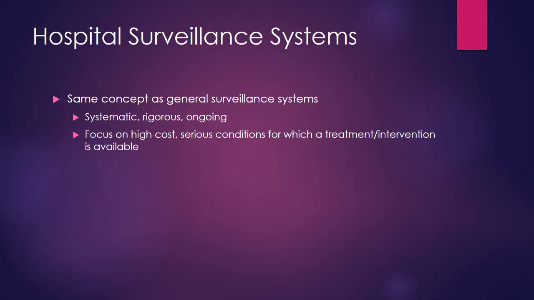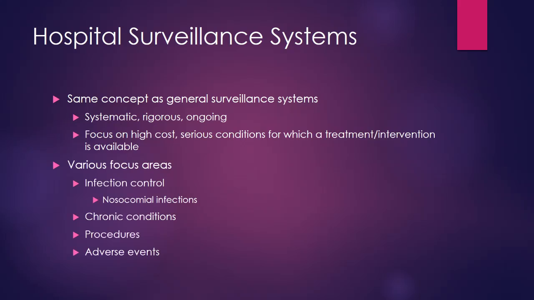So we want to be able to prevent health problems, and we want to make sure that they're having a substantial impact on our delivery system before we set up a surveillance system around them. Because again, surveillance, because it's ongoing, because we need systematic, rigorous data, is intensive in terms of resources. So cost intensive, time intensive. So we want to make sure that they are giving us usable data and that it's actionable.